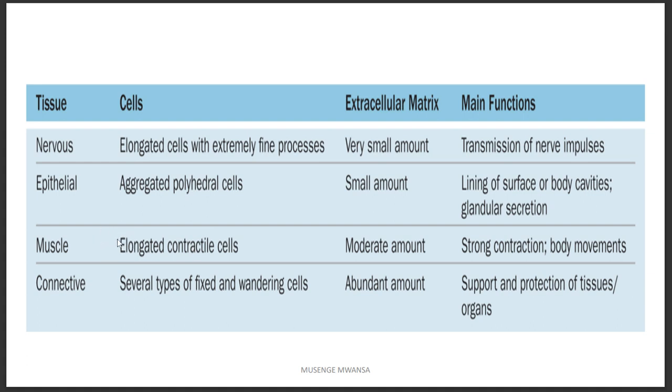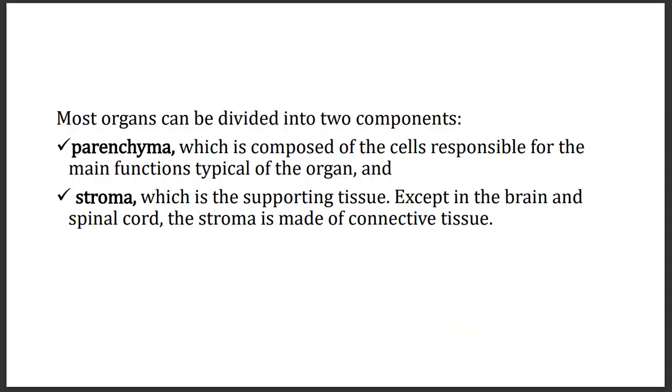We also have muscle tissue, which is made up of contractile cells, cells which are able to contract. The extracellular matrix is in moderate amount. And then we have connective tissue, which has different types of cells, and the extracellular matrix is a lot.